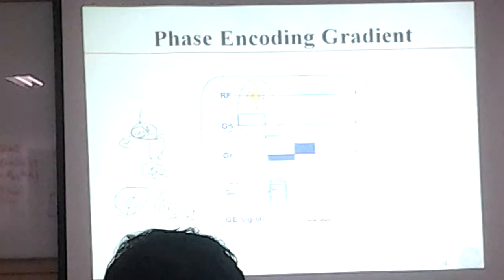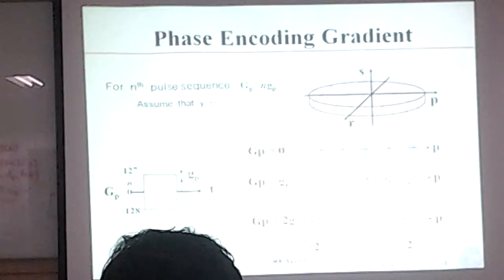And time T. So G P times P is the magnetic field at position P, right? So this means that phase is proportional to the area of the gradient pulse.